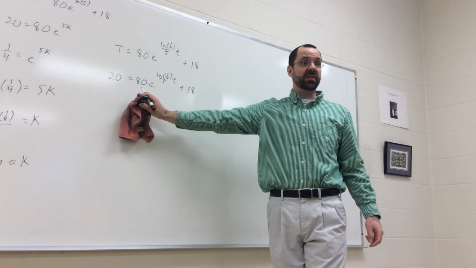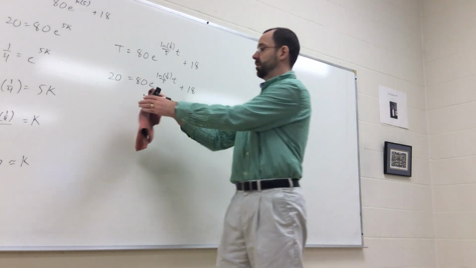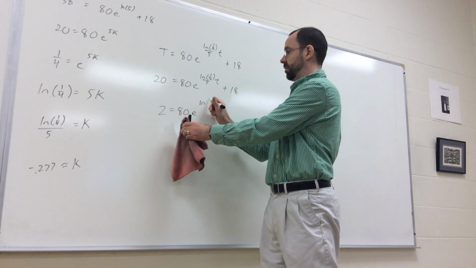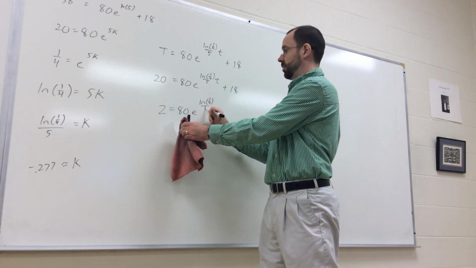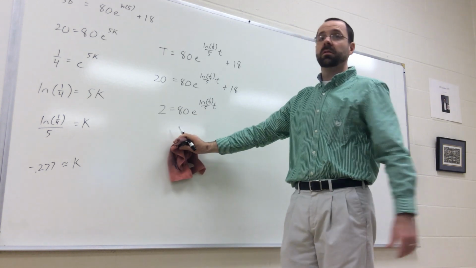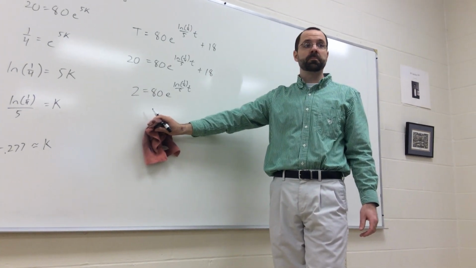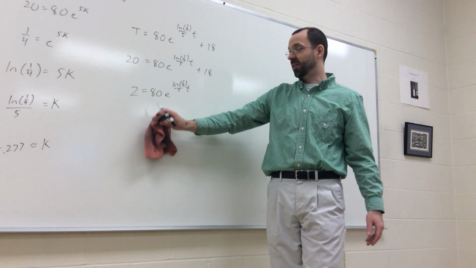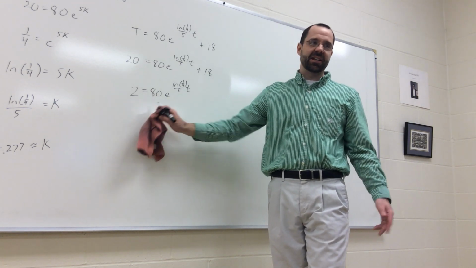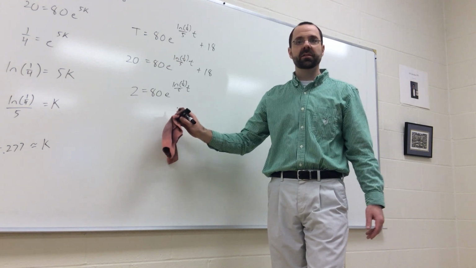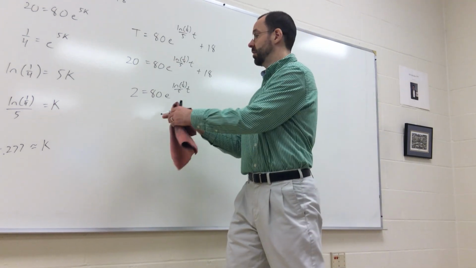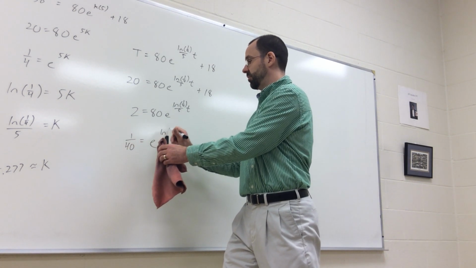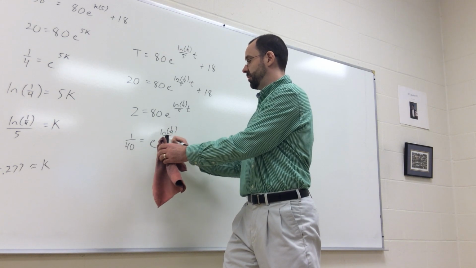Then you minus the 18, so that'll give you 2. Then you divide, at this point the algebra is looking familiar, right? You divide by the 80, take the natural log of both sides to get rid of the e. So that's 1/40th equals e to the natural log of 1/4 divided by 5 t.